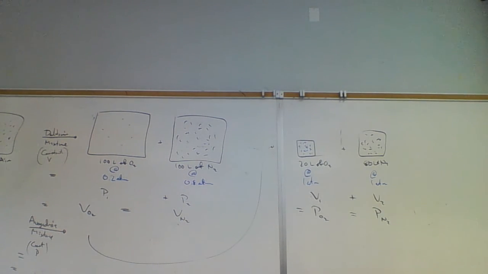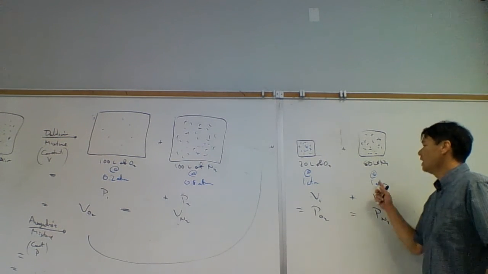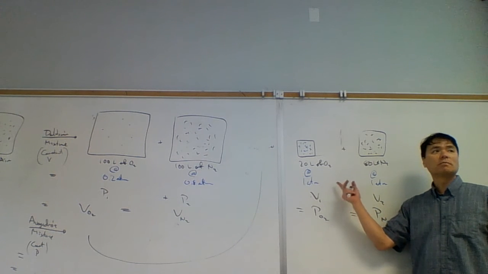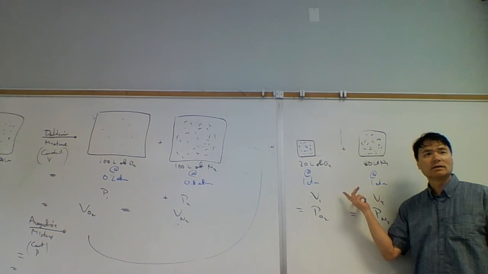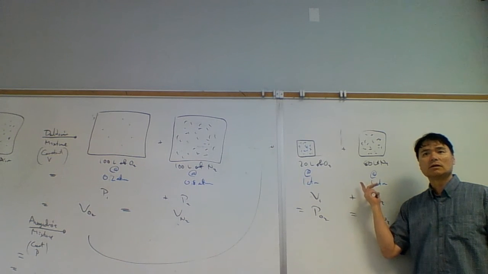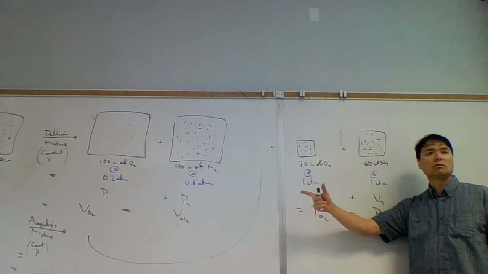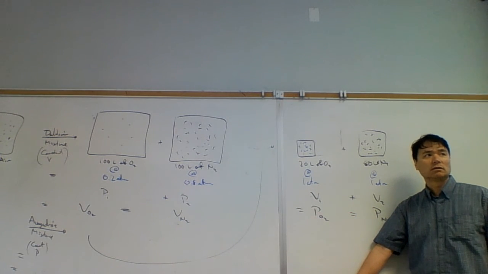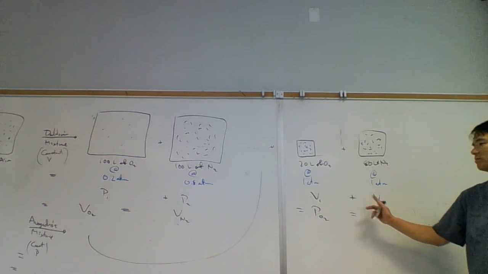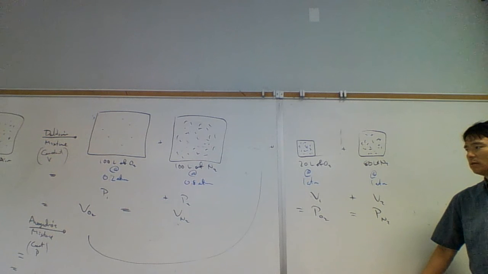So how many atmospheres of nitrogen do I have? 1. How many atmospheres of oxygen? 1. So 1 atmosphere of nitrogen plus 1 atmosphere of oxygen should make 2 atmospheres of air, right? But it doesn't. It makes 1 atmosphere of air. What's different is the volumes. The volumes are additive with Avogadro's law. The pressures are additive with Dalton's.